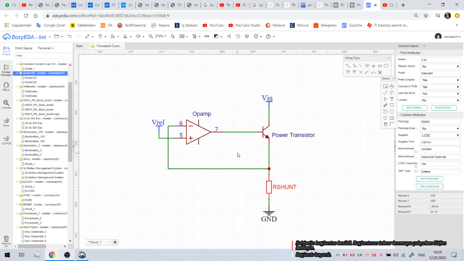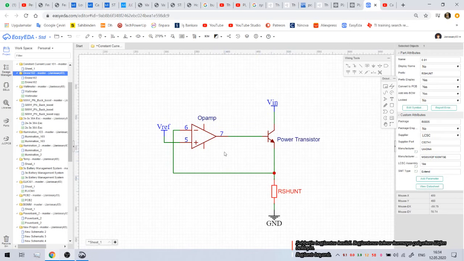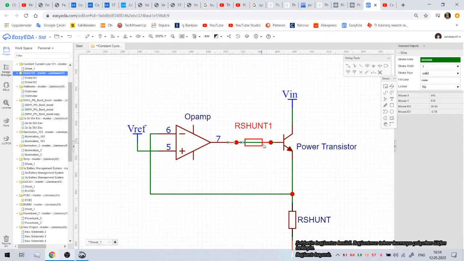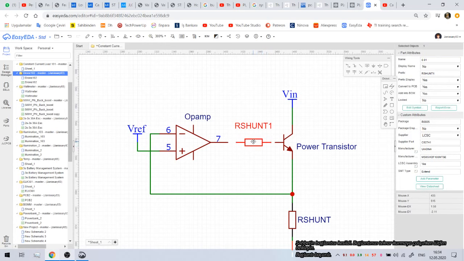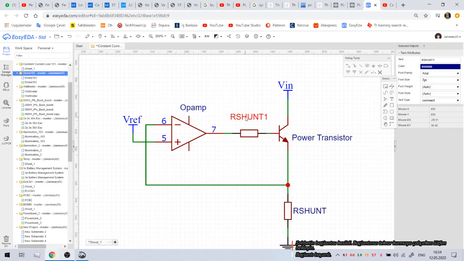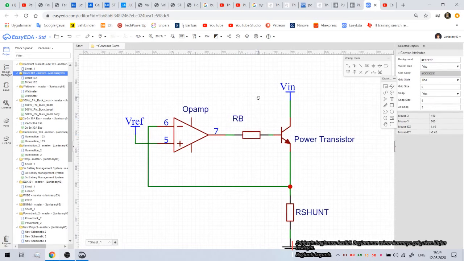We cannot use this precisely and nicely, so we need to add some more, maybe some shunt from here. Why did I add this R base?